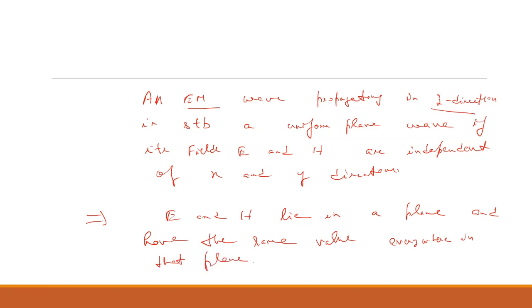So the first thing is, if it is moving along z direction, then its fields E and H are independent of x and y direction. This we will prove here. The second definition: if E and H lie in a plane, then E and H have the same value everywhere in that plane.